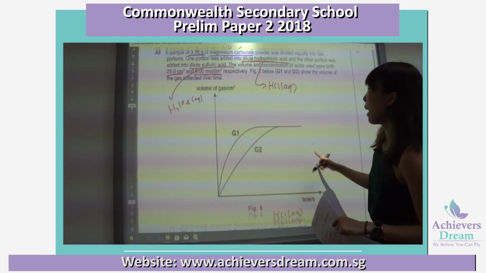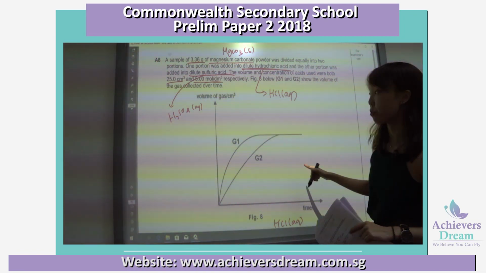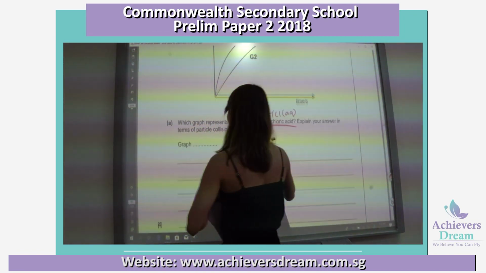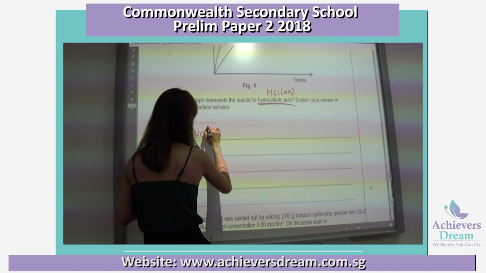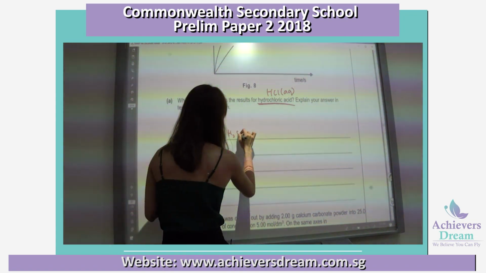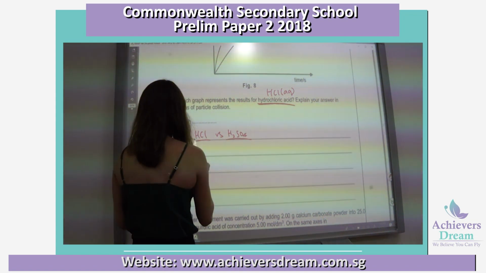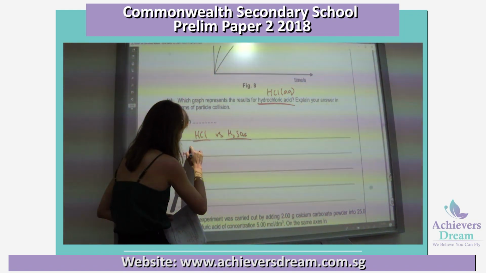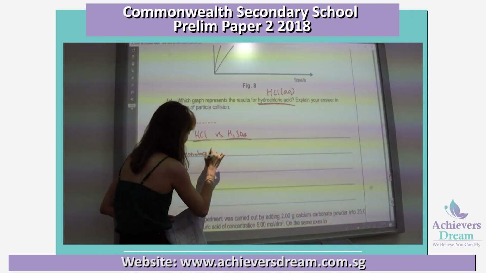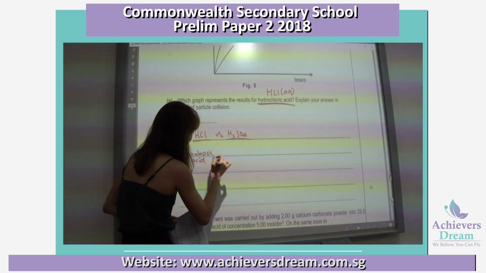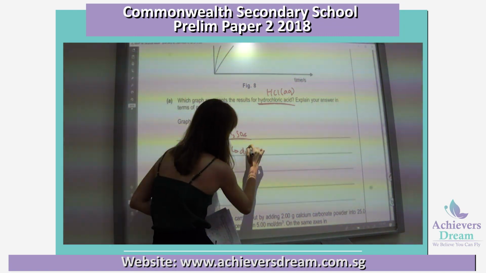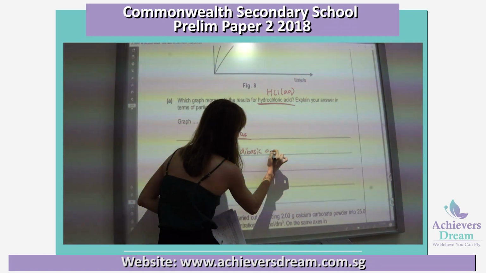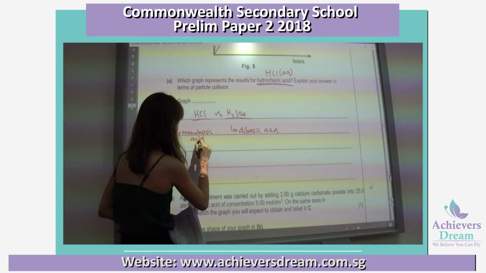Let's see. I have hydrochloric acid and H2SO4, correct? What's so unique about them? I know that HCl is a monobasic acid, whereas H2SO4 is a dibasic acid. So what's the meaning of monobasic?